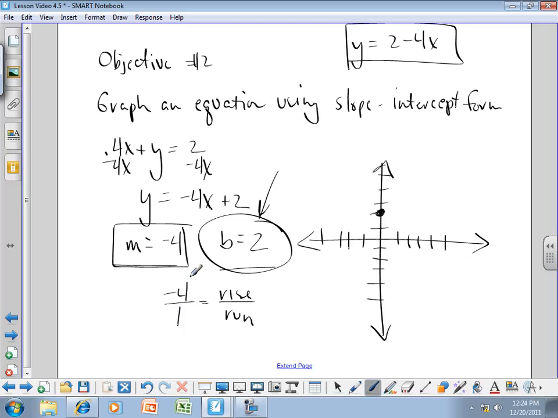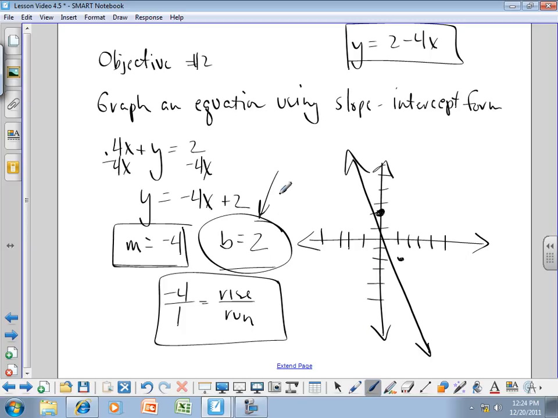Yes. And so what that tells me about this line is that it rises -4 and runs 1, okay? Well, up 4 is positive. -4 would be 1, 2, 3, 4. You see what I just did? I rose -4, I went down 4, right 1, there's my line. It should just be over to the right a little bit.